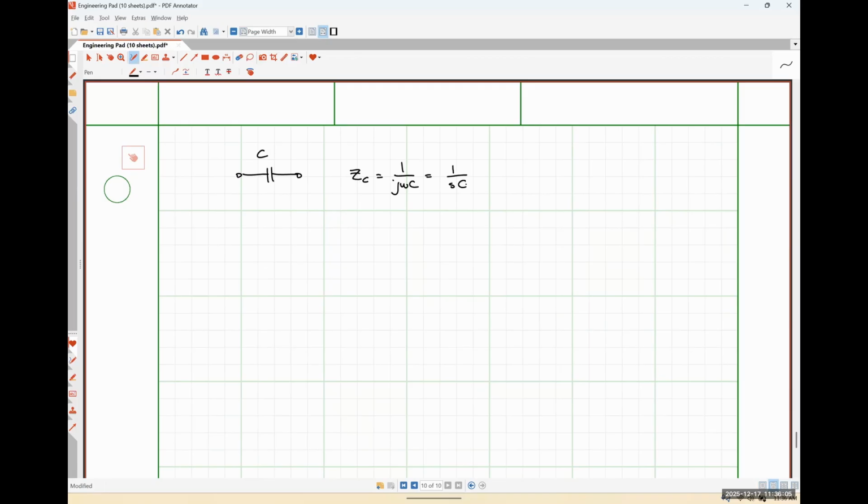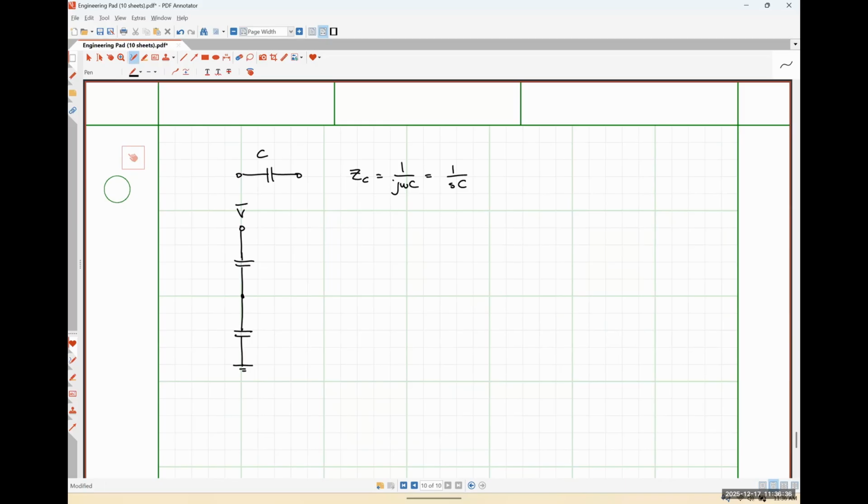So whenever I have capacitors connected in series, like the situation that I have, let's just put a phasor voltage here and ground here.